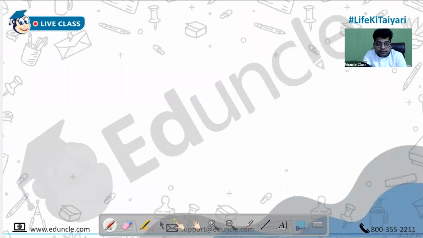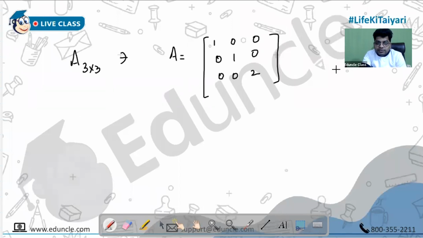So if you have a problem A, let us consider A is a 3 cross 3 matrix, of this kind. You know this is a diagonal matrix, and a diagonal matrix has its diagonal elements as eigenvalues. So our diagonal is 1, 1, 2.